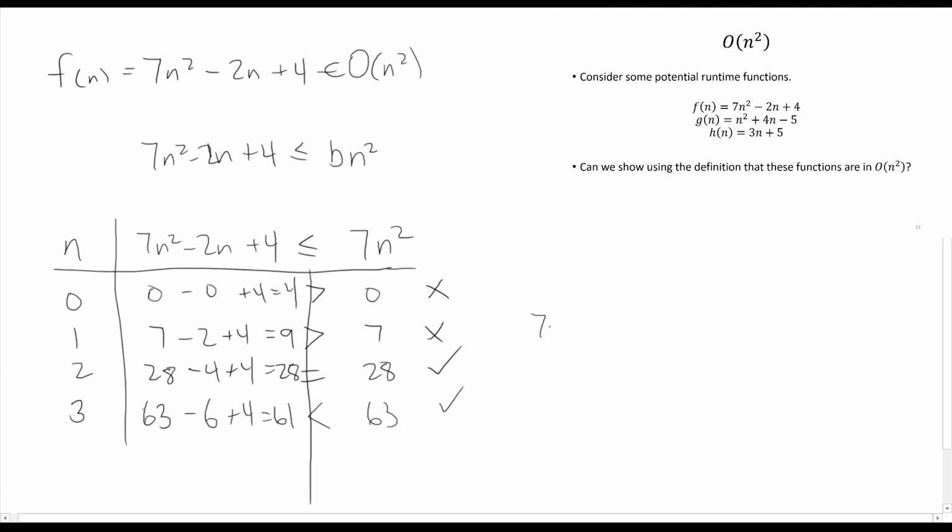If what we're trying to prove here is that 7n squared minus 2n plus 4 is less than or equal to 7n squared, doing a little bit of algebra now, we could just subtract 7n squared on each side, which would leave us with minus 2n plus 4 must be less than or equal to 0. Now I want to pause here in the algebra to see, well, what is this saying?